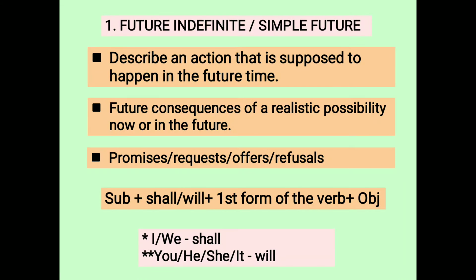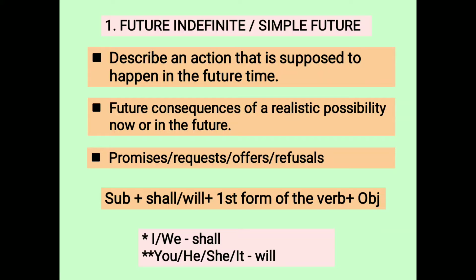So the first form is future indefinite or simple future. Where is simple future used? Below given are the various uses of simple future tense. We use simple future or future indefinite to describe an action, a situation that is supposed to happen in the future time.